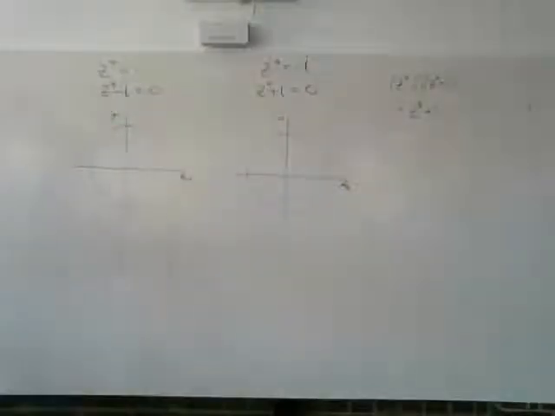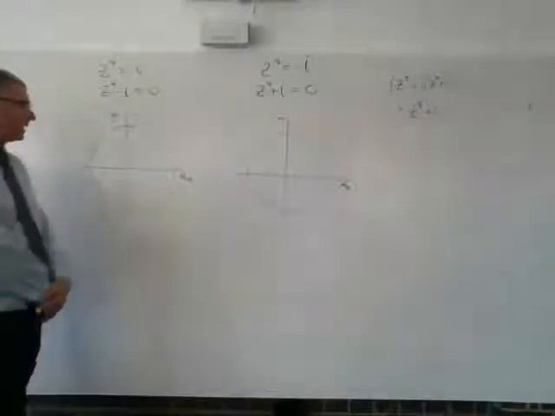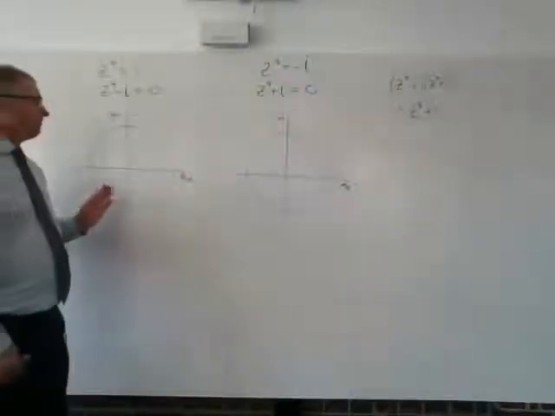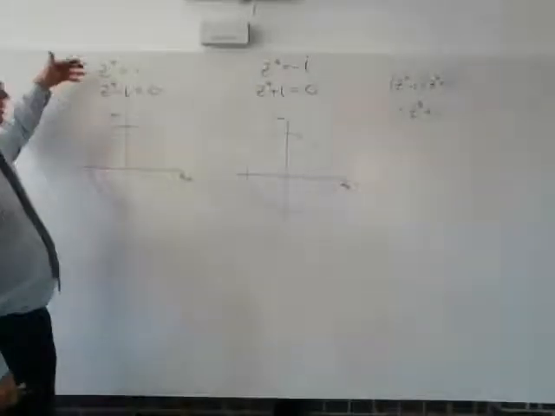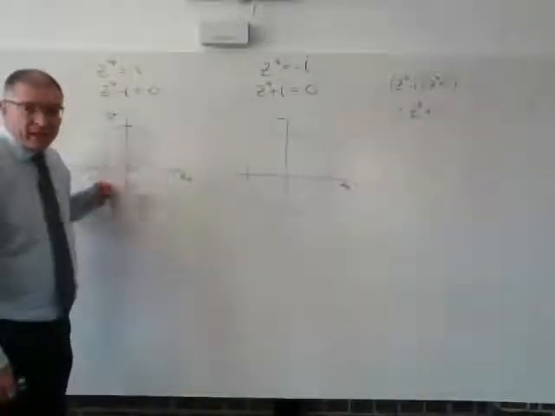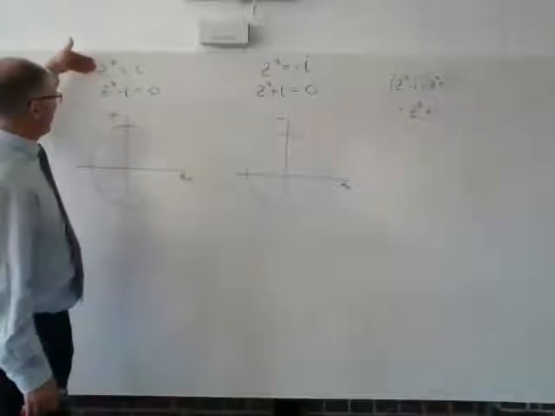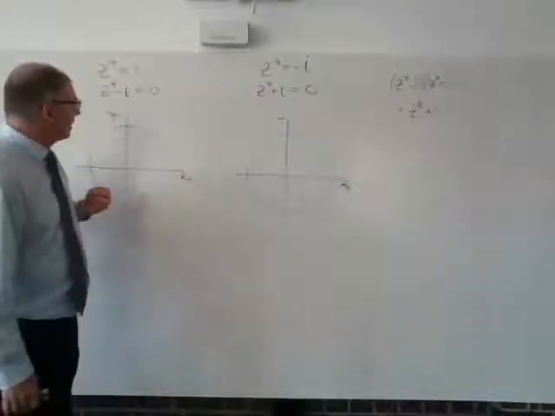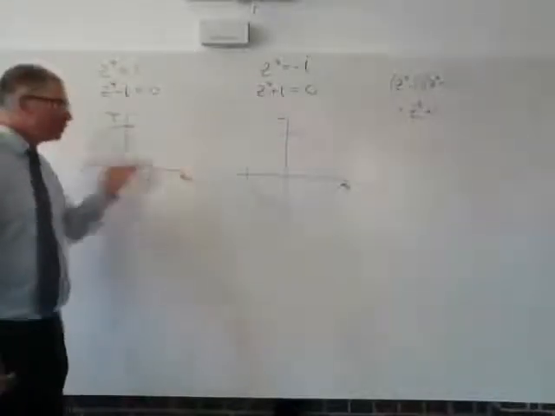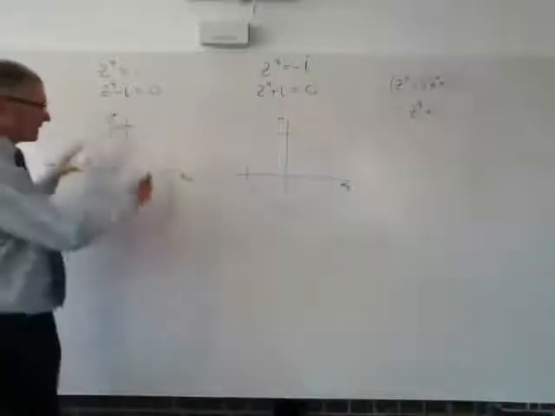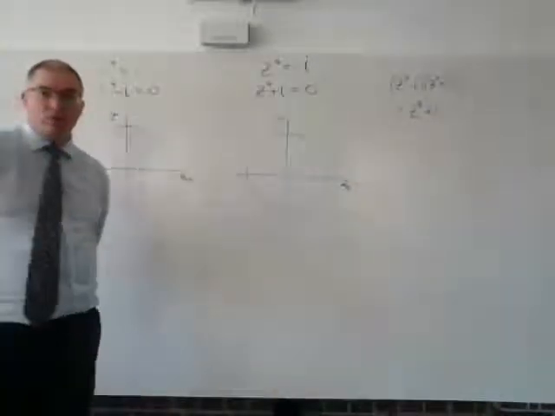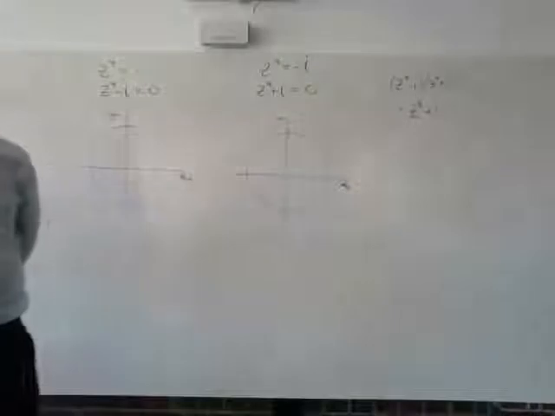So where do you think the solutions would lie? They're not complex conjugates, I guess, because it's not real coefficients here. We don't have real solutions, so it's going to be a little bit skewed the way our solutions work out.